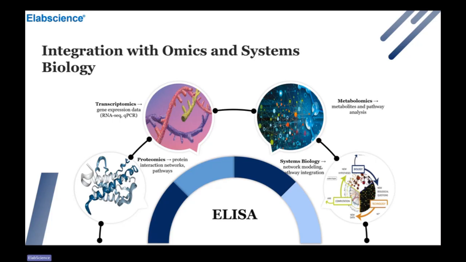Using ELISA in combination with multi-omics, such as transcriptome analysis, proteome analysis, or metabolomic study, allows researchers to identify key nodes in disease pathways and predict therapeutic interventions. It also transforms single-target analysis into system-level insight.